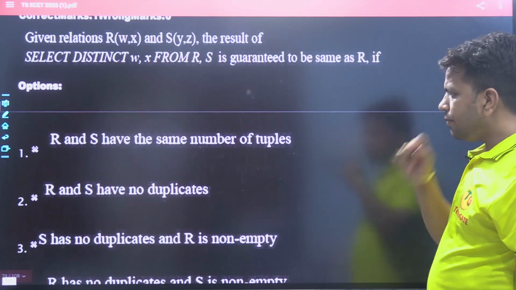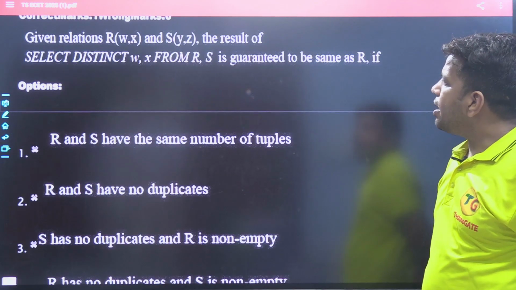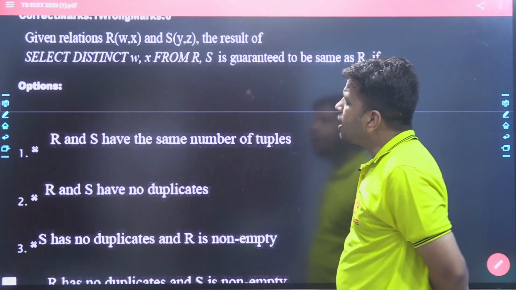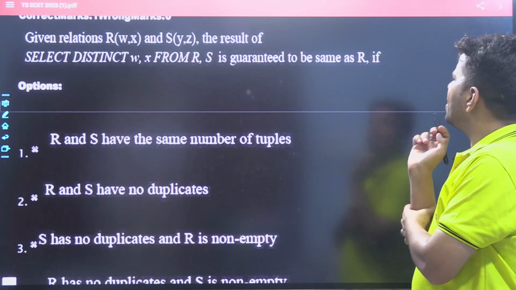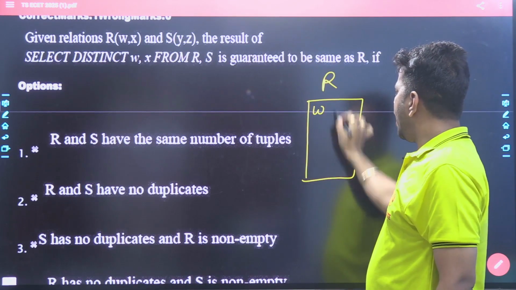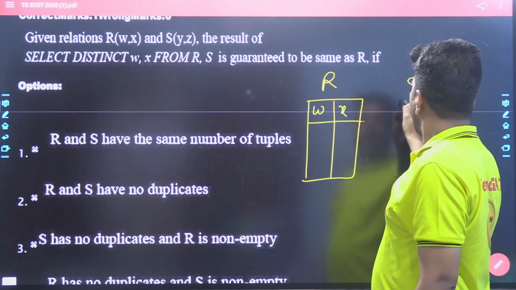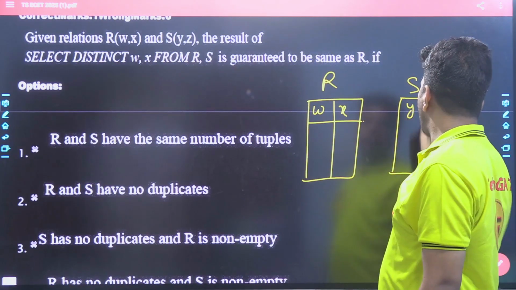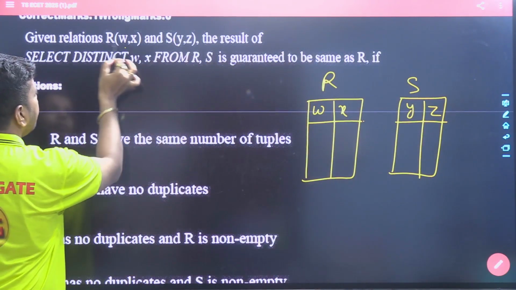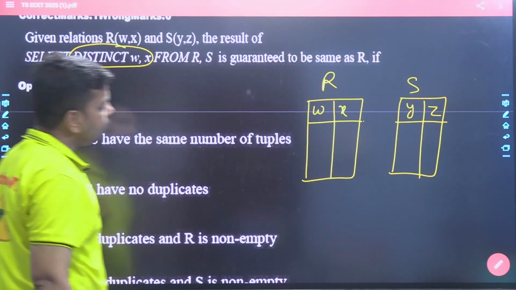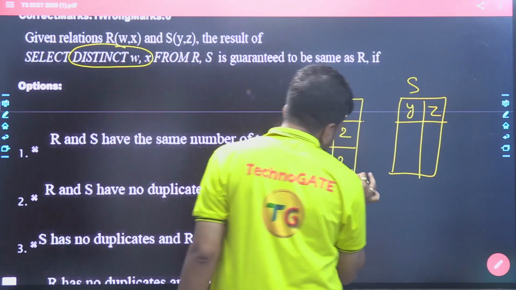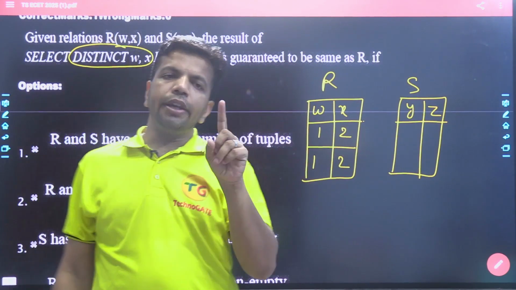See, given the relations R(W, X) and S(Y, Z), the result of select distinct W, X from R × S is guaranteed to be the same as R. See, R is a relation with attributes W, X. S is a relation with attributes Y, Z. We are going to select the distinct W, X. Means it may be possible that if there are same rows, then in output it gives you only one row.